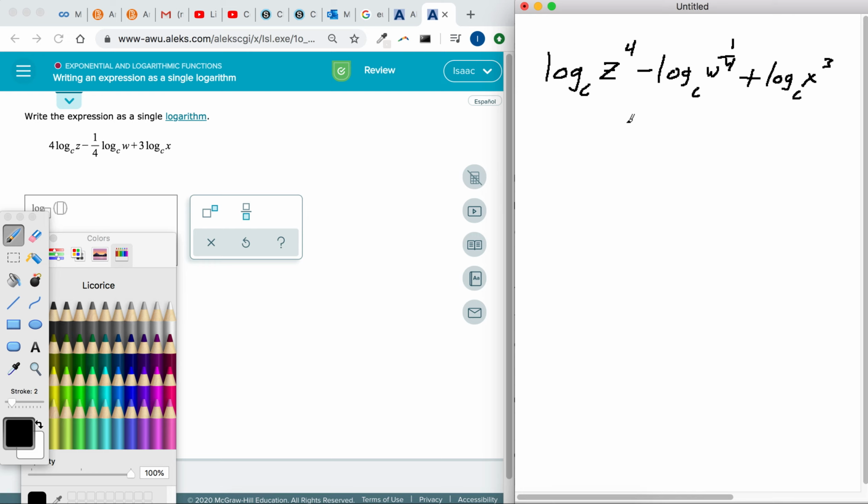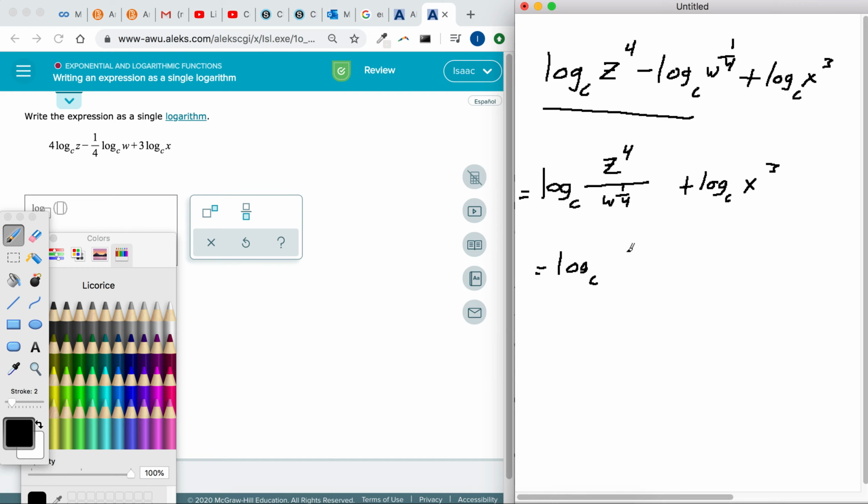Okay, so we got 3 terms this time. Let's just take them one at a time. Let's condense these two together. We know when you subtract two logarithms of the same base, you can rewrite it as a division problem. You can rewrite it using division as one big happy family with a fraction. And now we're adding a log base c of x to the 3rd. So we can rewrite that as log base c of, now x to the 3rd multiplying to this fraction, you would put it up top, okay? Because it's like you're multiplying by x to the 3rd over 1.